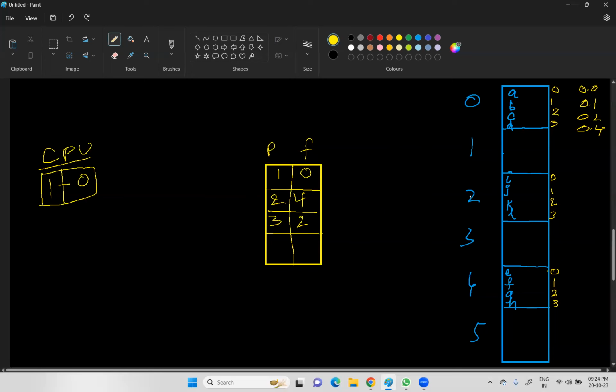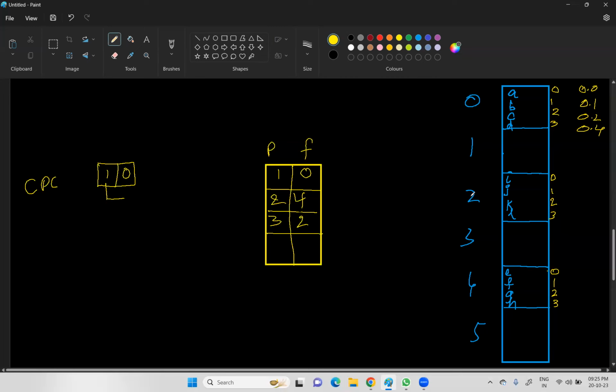I may have drawn somewhat wrong notation here, so let me take something like this. Same thing, don't worry. This is the page number and frame number. Page number 1 and the 0th instruction is trying to execute.